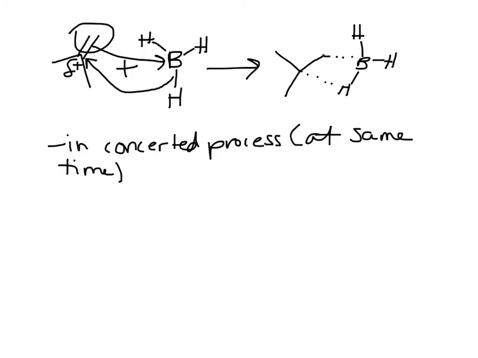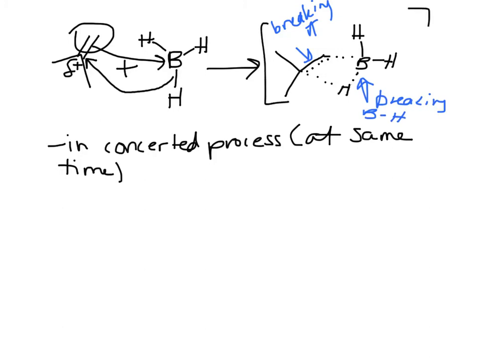and a partial bond between this vinyl carbon and the hydrogen. Now, we're breaking a pi bond, and we're also breaking a boron hydrogen bond.